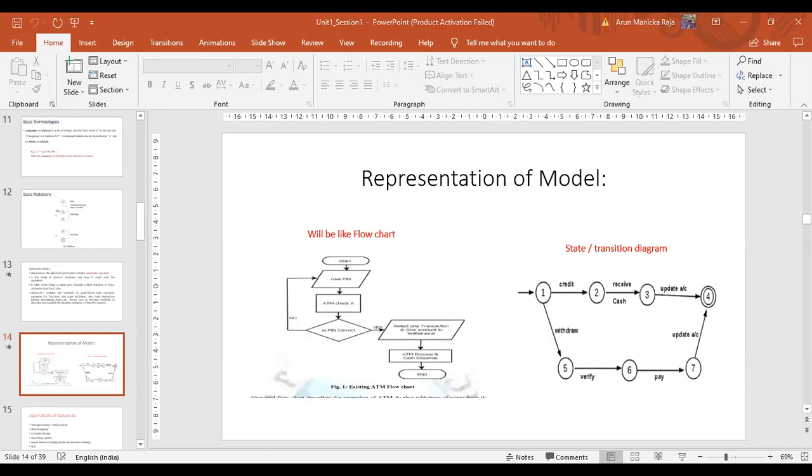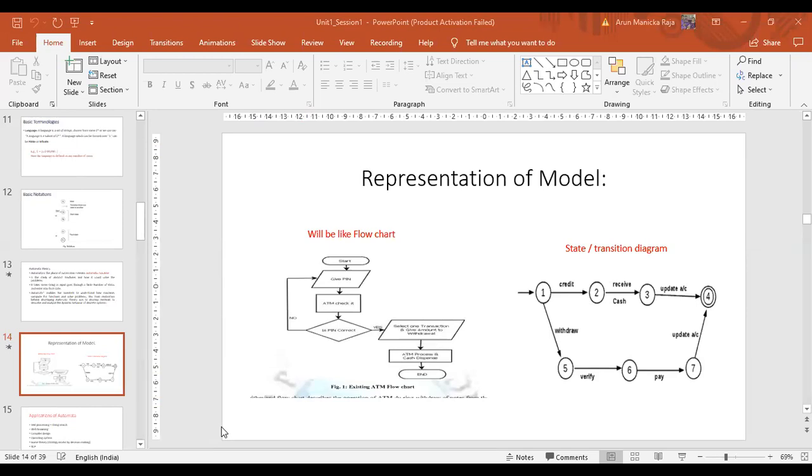What is meant by DFA and what is meant by NFA? In a DFA, only a single transition occurs from one state to another on a single input symbol. This is DFA.